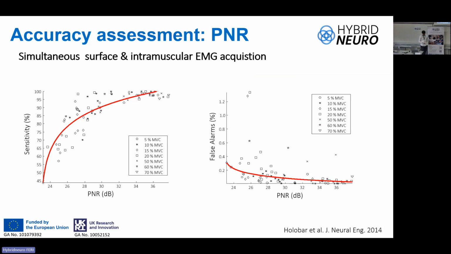Here we can see on the left graph that if we take a pulse-to-noise ratio of 30 decibels, the sensitivity will be around 90%. But don't take this for granted, because, as I said, we have to know what we are looking at, what the pulses are.